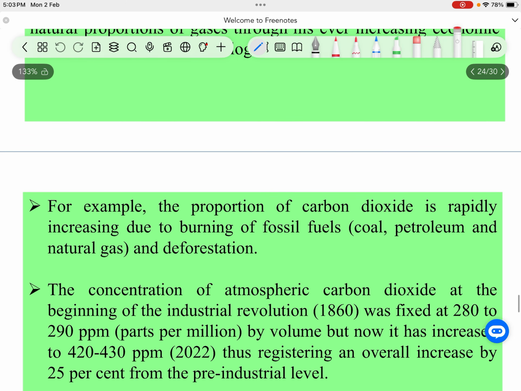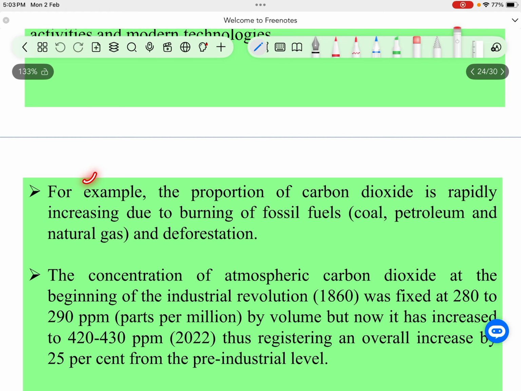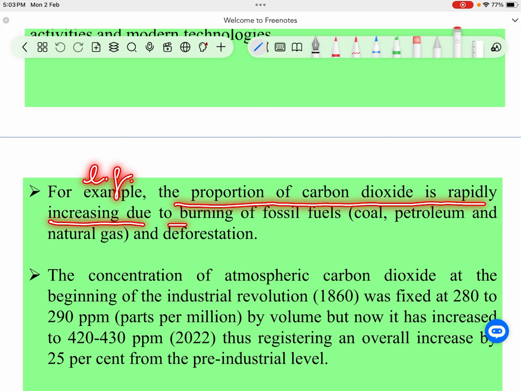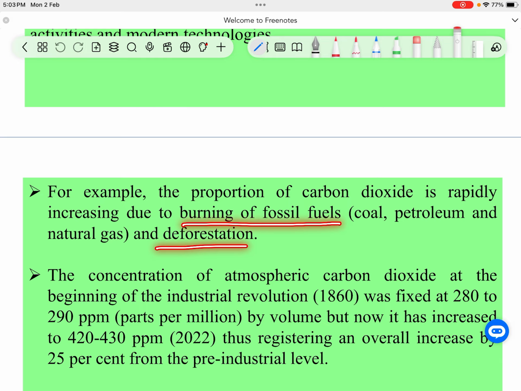For example, the proportion of carbon dioxide is rapidly increasing due to the burning of fossil fuels such as coal, petroleum, and natural gases, and deforestation.